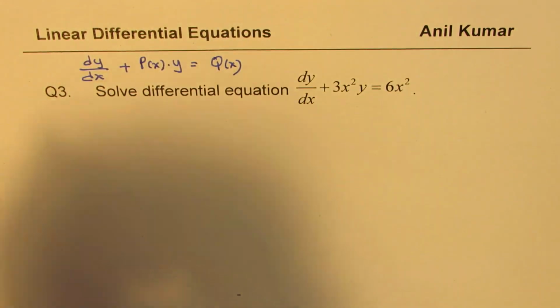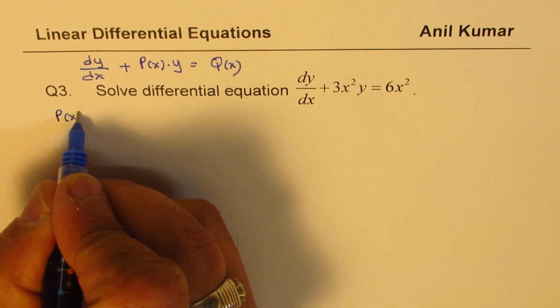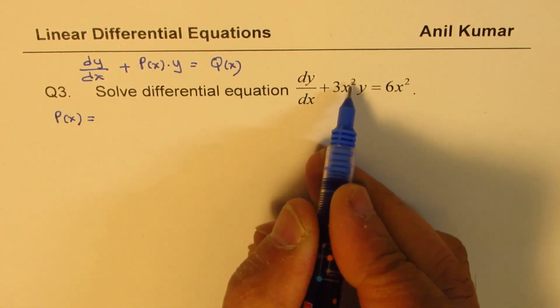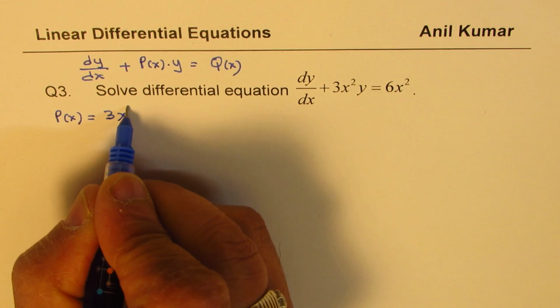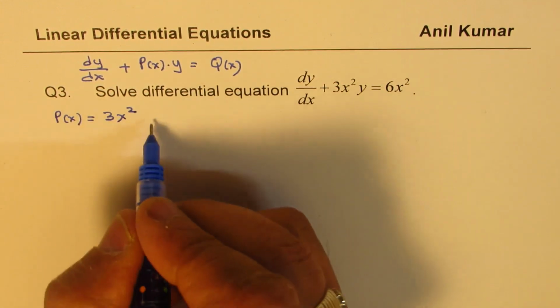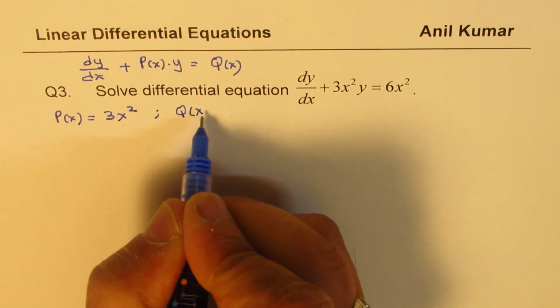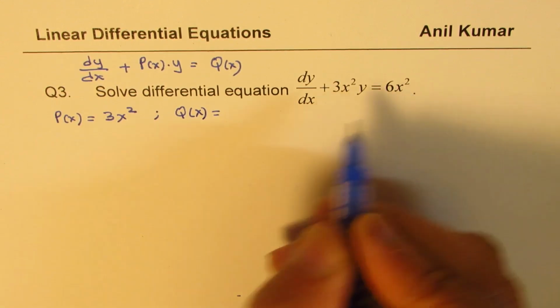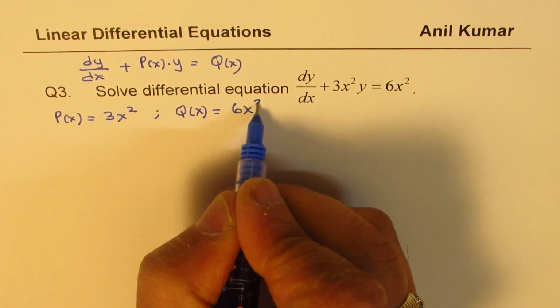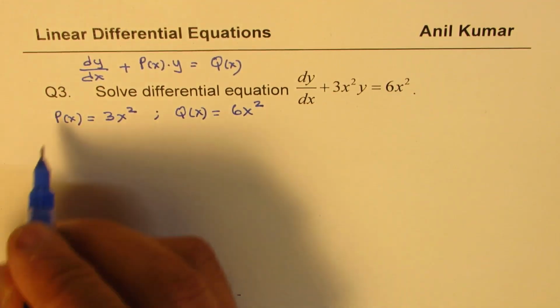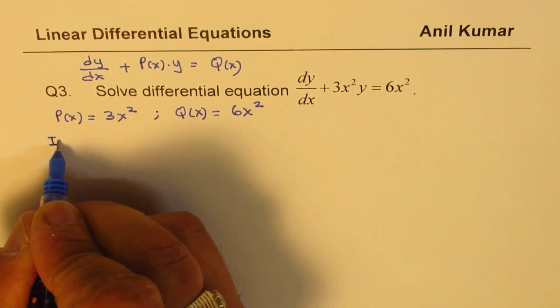So if you compare, you know what p of x is. P of x is 3x squared, and q of x is 6x squared, right? Now from here, you can find the integrating factor.